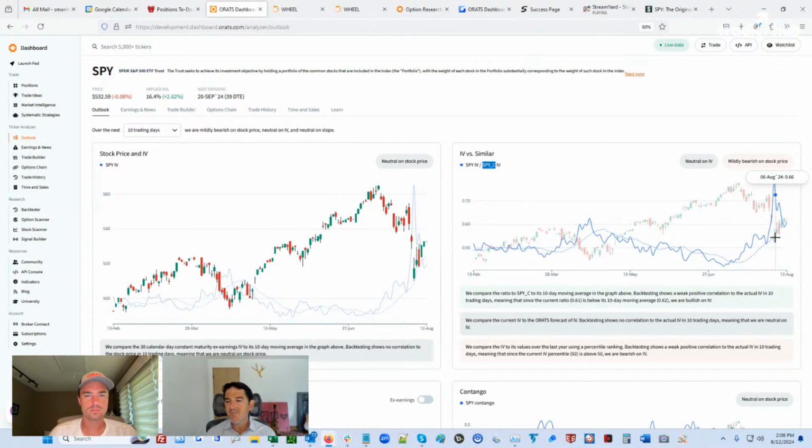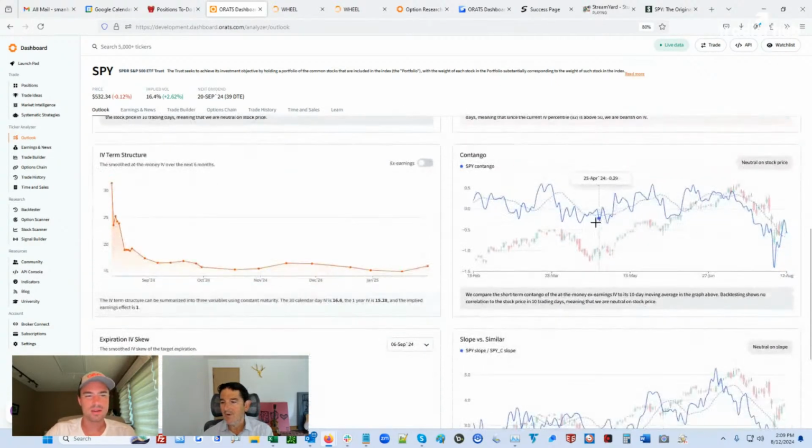But this is one of the most important ones, and this is why we feature it in the Outlook tab for every stock, Tyler, for the most appropriate underlier. So if we had Apple, it would be SPY. If we had something like TSM, it would be SMH or something. So we try to get the best ETF components in there to compare everything to. So yeah, you're right. It's a unique thing to ORATS, and it can be very important.